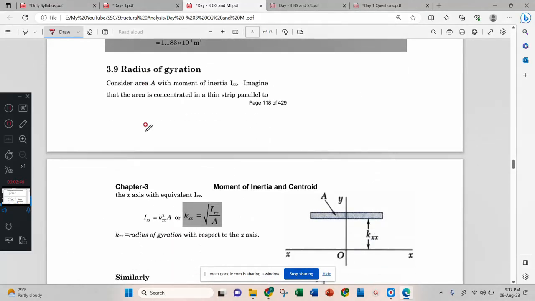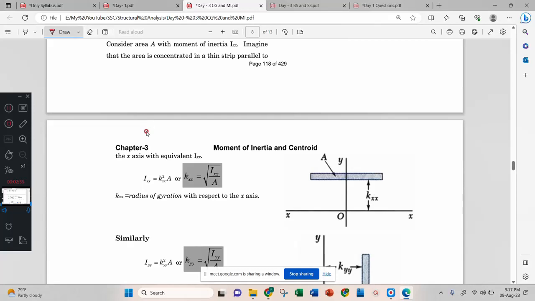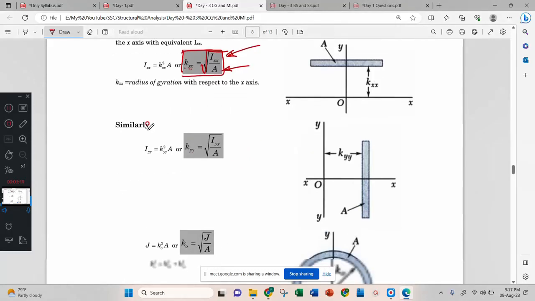Then after that we will get the radius of gyration. In the syllabus it is not mentioned. B students, you might be knowing this one, you can study. It's nothing, just the radius of gyration. We have one term called KXX, that is the root of IXX by A. IXX you already know, moment of inertia about the x-axis, and A is the area, the entire area.